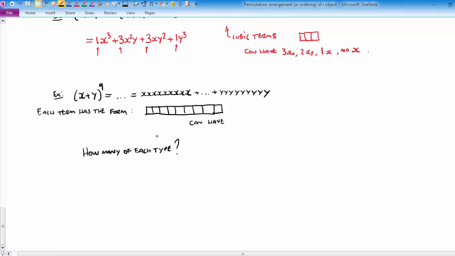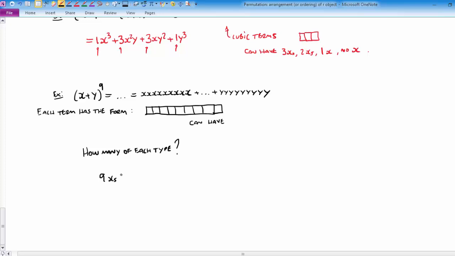Well, if we look at this expansion, how many terms with 9 x's do we have? We can look again at each term having this format with 9 slots. And of those 9 slots, we are selecting some of them for the x's and some of them for the y's. So the terms will have either 9 x's.